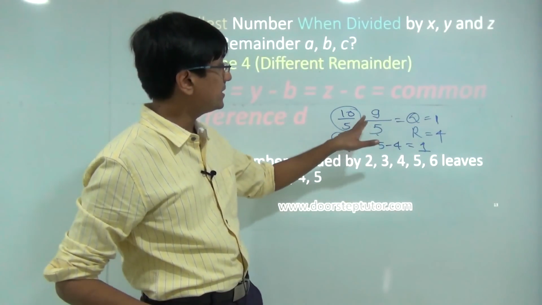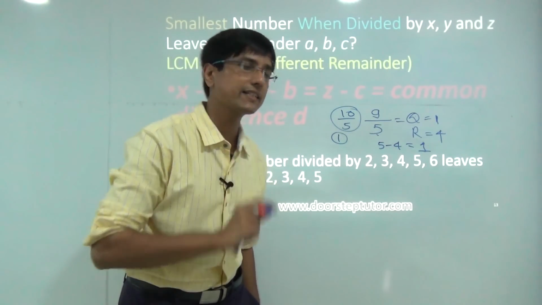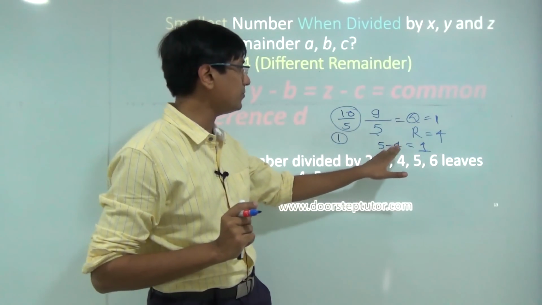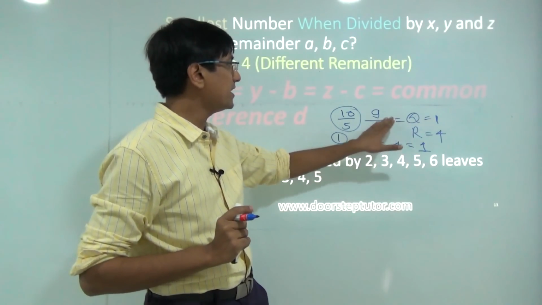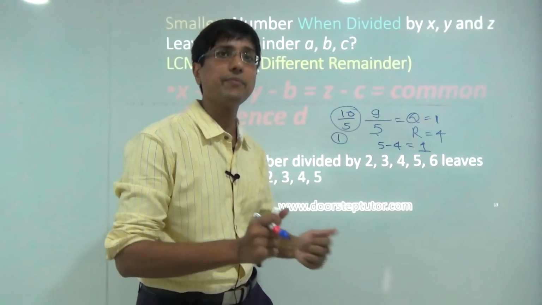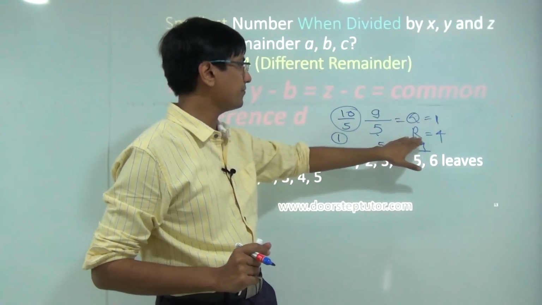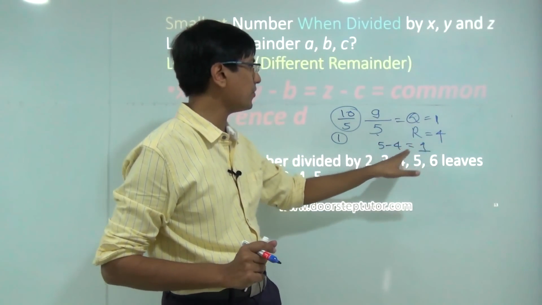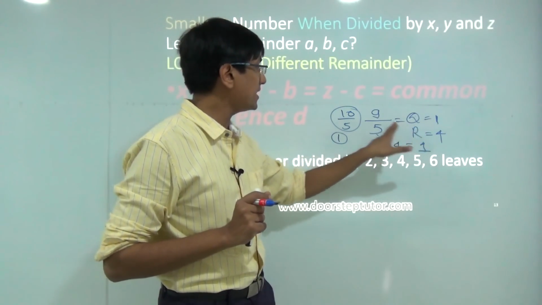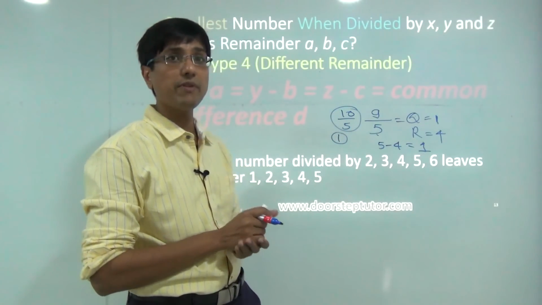This tells me that 9 is 1 short of being completely divisible by 5. If instead of 9 I had 10, that number would be completely divisible by 5. So if I subtract the remainder 4 from 5, I get 1, and this tells me that 9 is 1 short of being completely divisible.